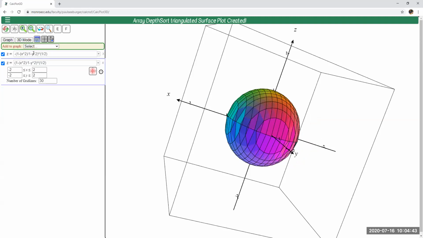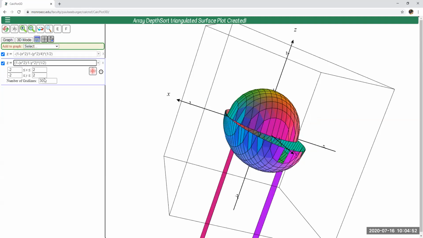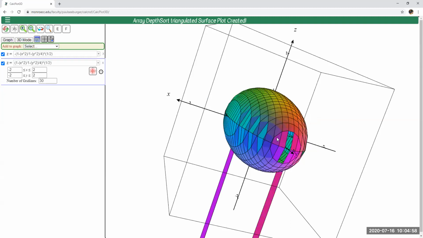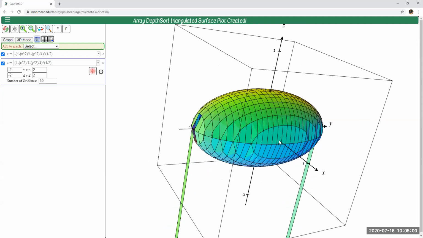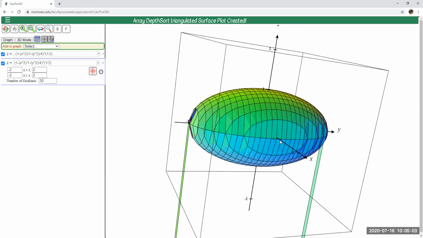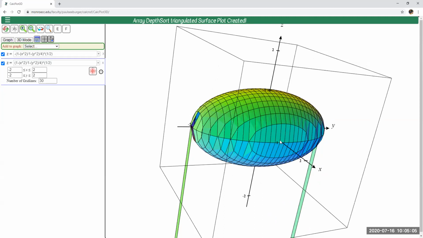Now, if I divide y squared by a number, we would have it pushed in the y direction. You can see that now. Okay, so anyway, that's how it works for these ellipsoids, and they're pretty interesting things.